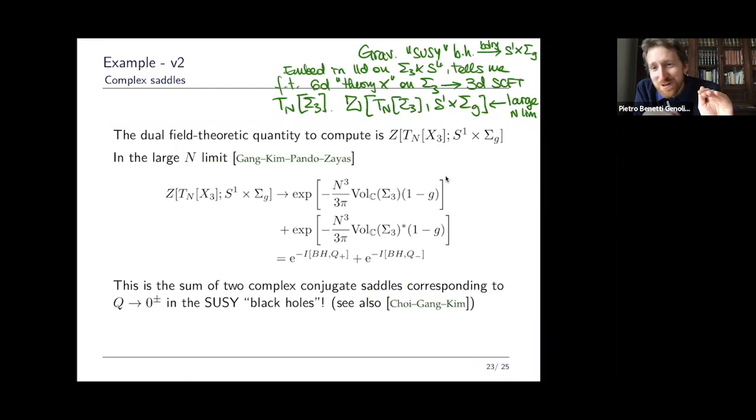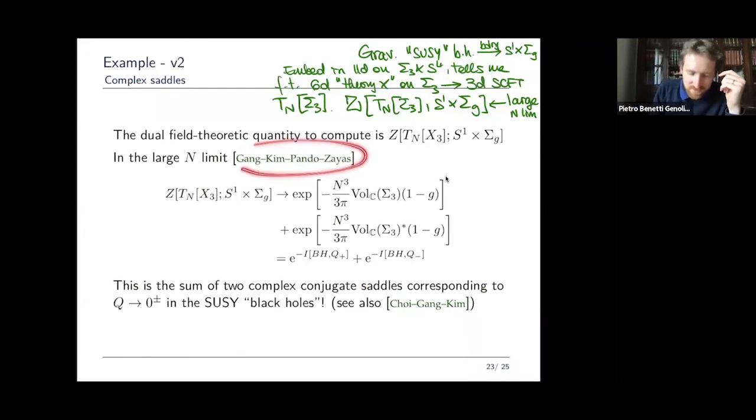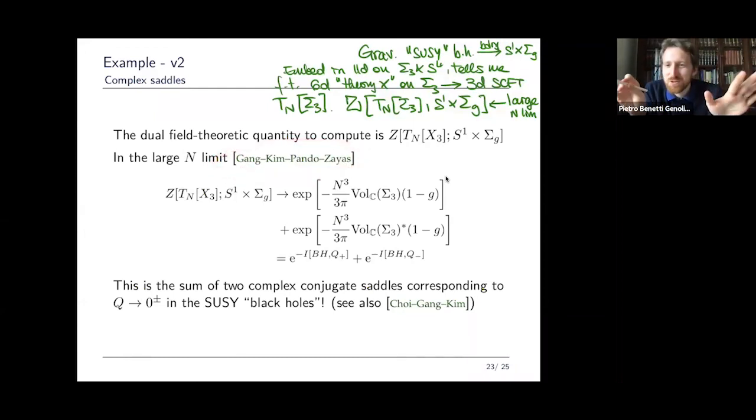This is a very non-trivial computation to do, and it's related to something called the Reidemeister torsion of an operator on S1 times sigma g. It's related to counting of flat connections, and whatever, these people managed to do this computation, kudos.